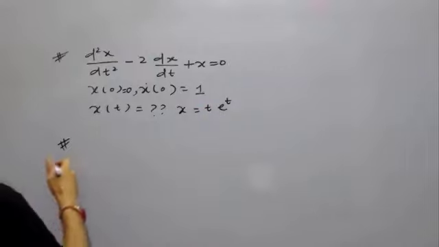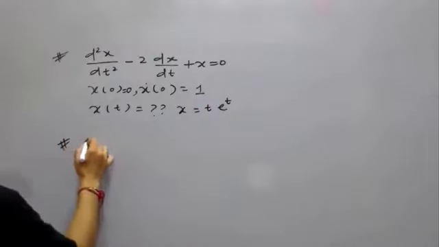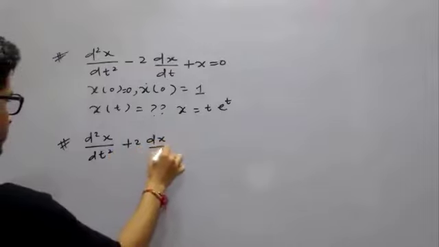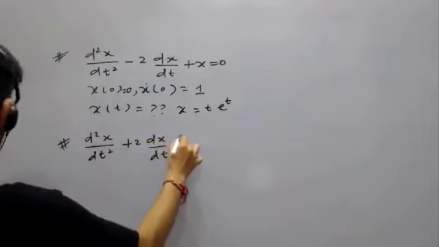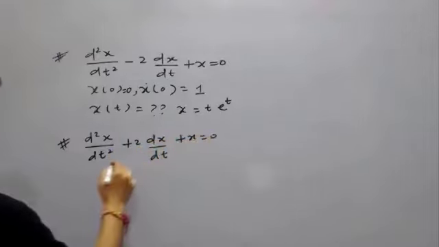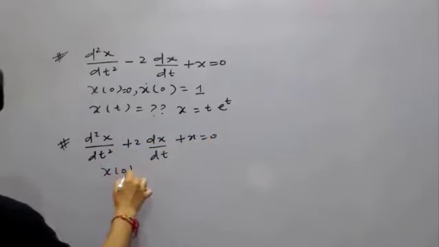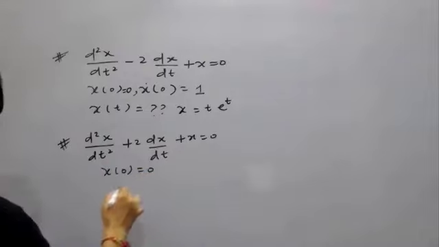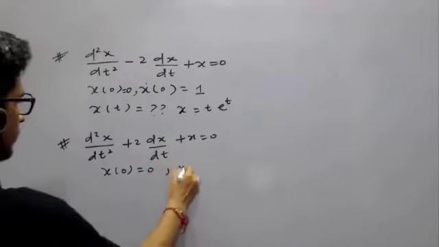Very nice question actually. And the second one is d2x by dt2 plus 2 dx by dt plus x is equal to 0, and x0 is 0, x dot 0 is 1.